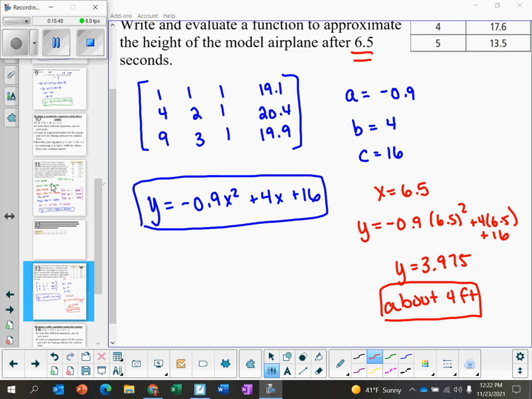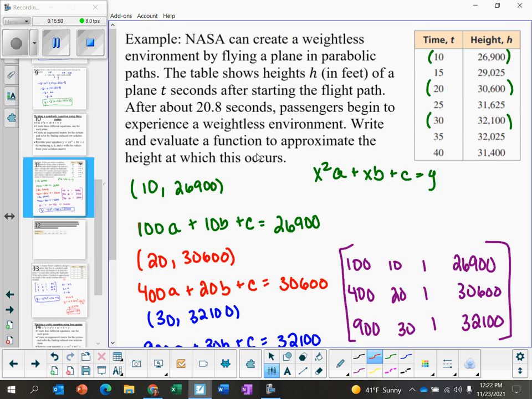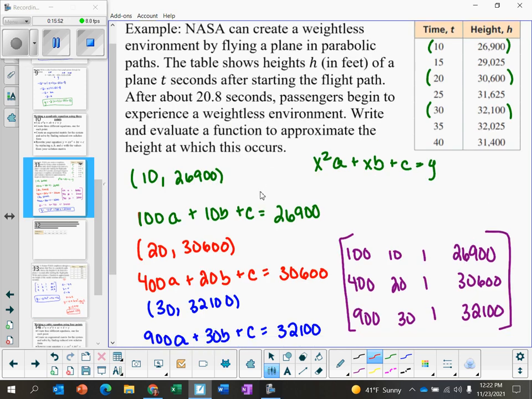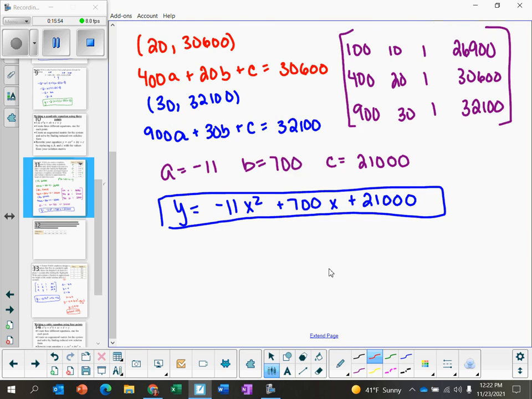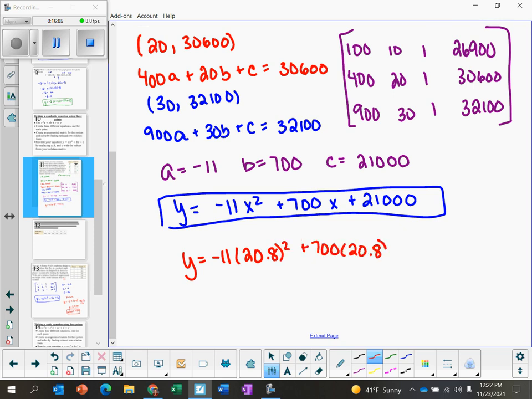If I go back to that problem before, they wanted to know after 20.8 seconds, so that means I'd be plugging in 20.8 to this equation. So that would be y equals negative 11 times 20.8 squared plus 700 times 20.8 plus 21,000, and we would get our answer. Sorry, we forgot to do that.